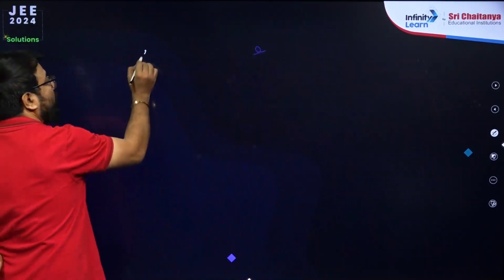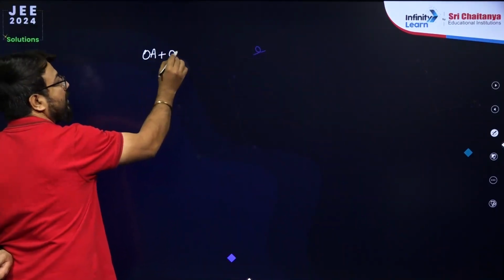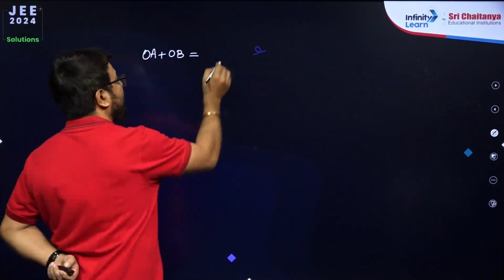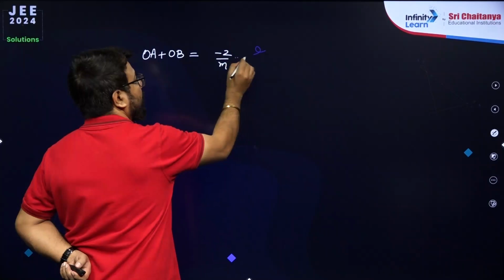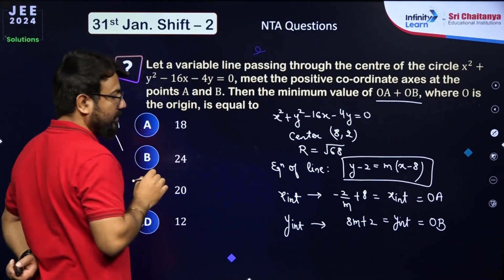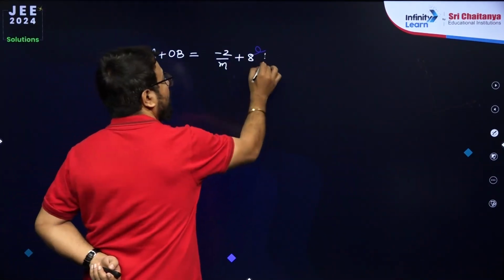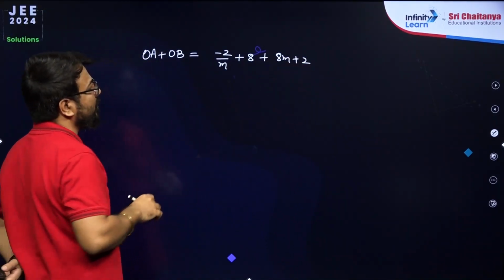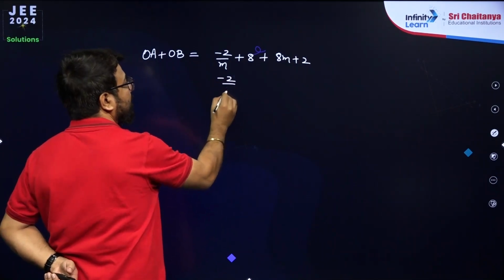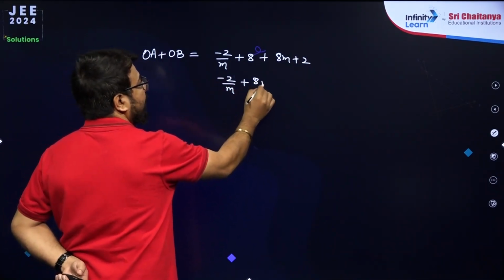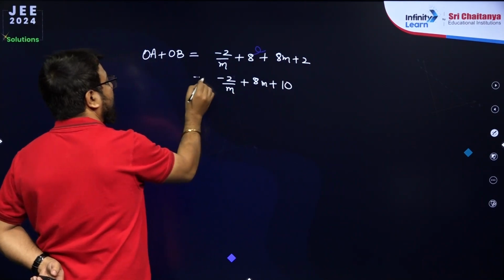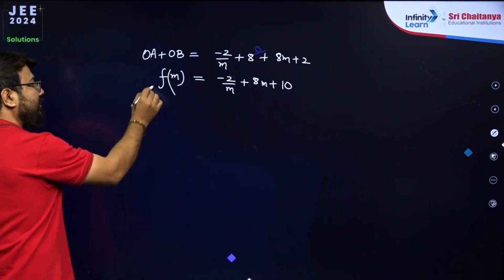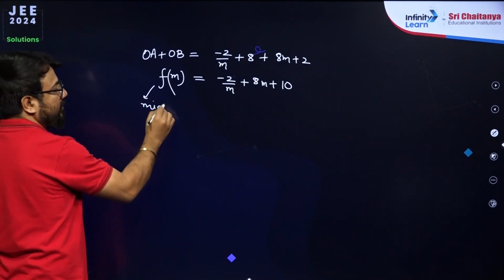OA distance is minus 2 by m plus 8 and OB distance is 8m plus 2. So if I add these, it will be minus 2 by m plus 8m plus 10, and this gives me the function in the variable m, which I need to minimize.